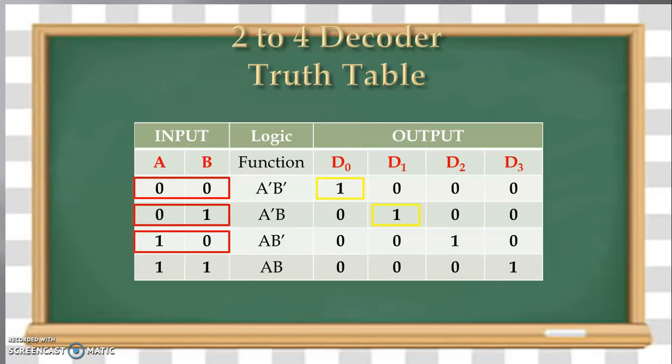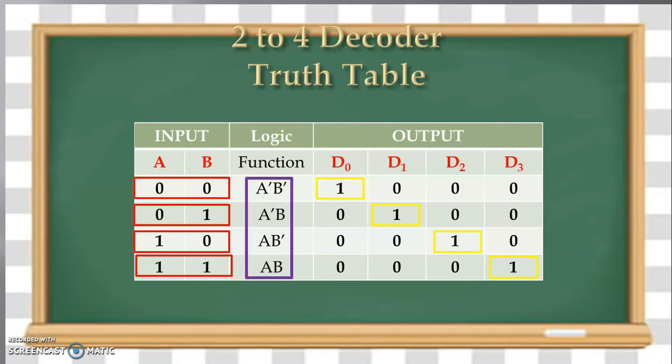For the next condition, 1 0, data line D2 will be activated and it will go high. All remaining data lines will remain at 0 level. And for the last condition, 1 1, output data line D3 will go high. Output line D3 is activated, and whatever data is available at the input side is transferred to the selected activated output line.